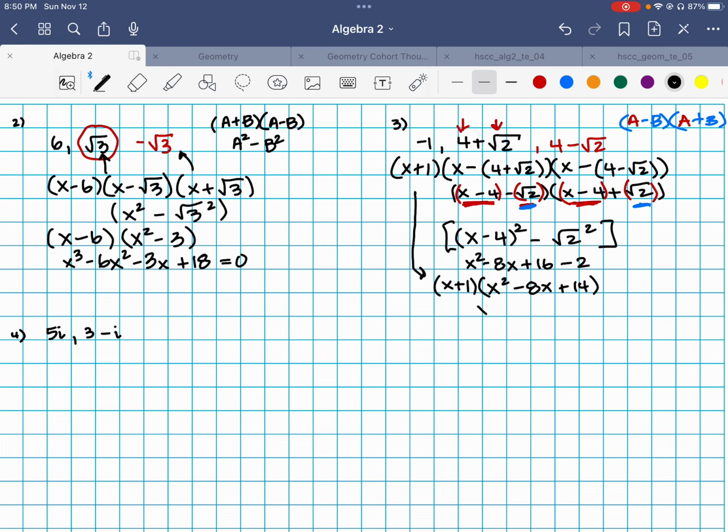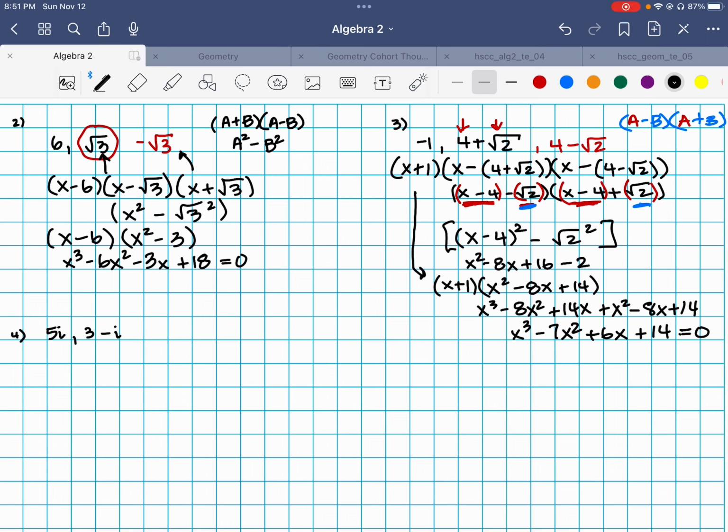And that's going to give us x to the power of 3 minus 8x squared plus 14x plus 1x squared minus 8x plus 14. And then we're going to make this look even cleaner by combining all the like terms: x cubed minus 7x squared plus 6x plus 14. And ta-da! We have our equation of least degree for that polynomial.